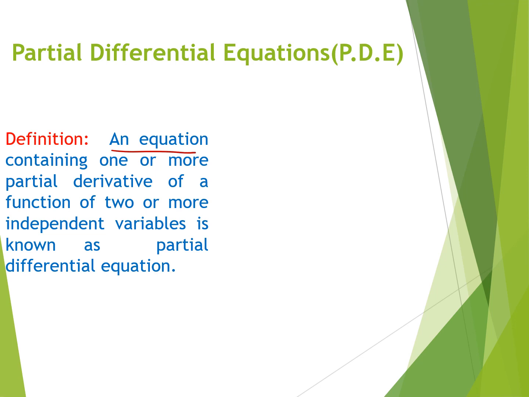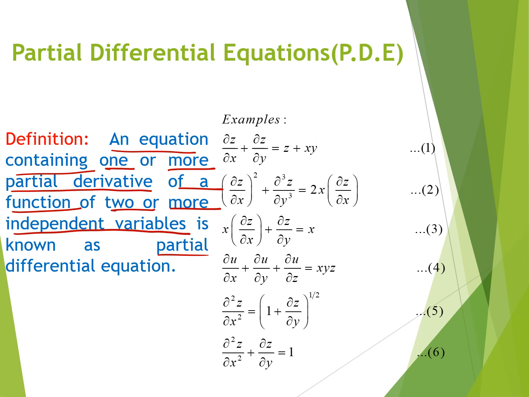A differential equation that contains one or more partial derivatives of a function of two or more independent variables is known as a partial differential equation, like this, where z is a dependent variable and x and y are independent variables, where z is depending on x and y. So it is a partial differential equation of order 1 and degree 1.